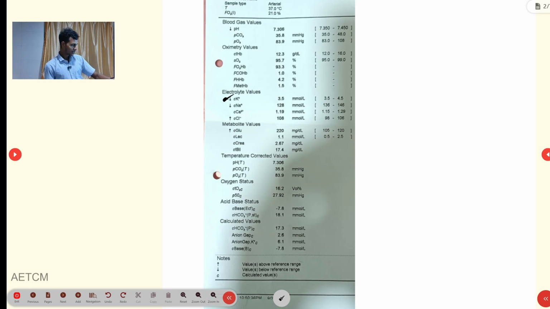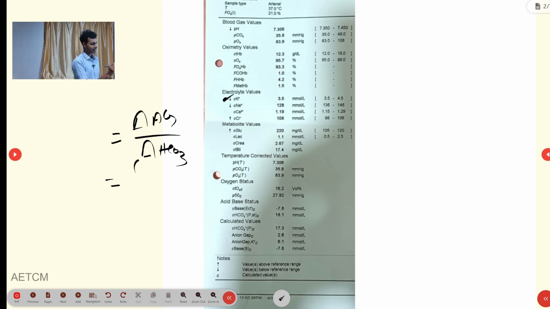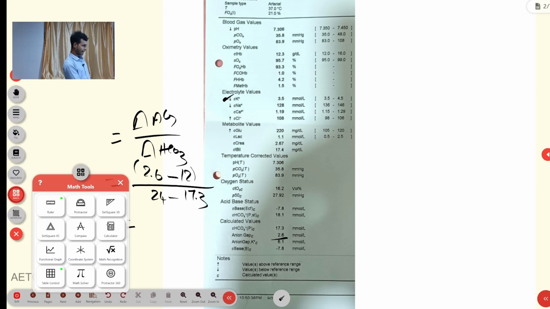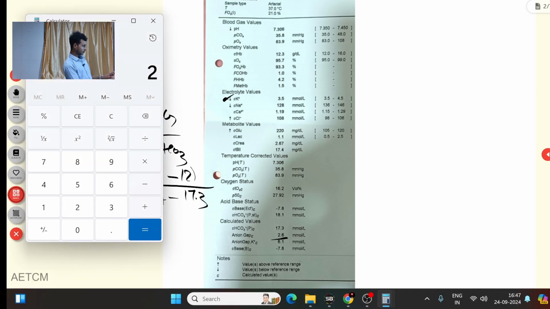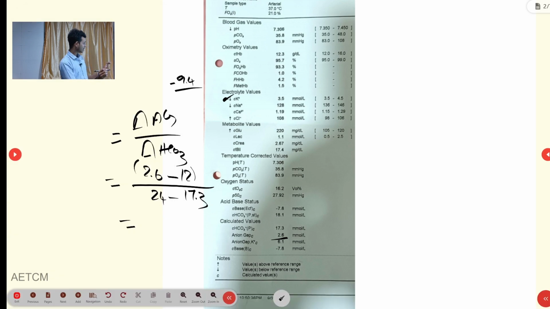Now we'll come to our ABG. How are we going to calculate? First, delta anion gap divided by delta HCO3. I told you the delta anion gap we calculate as measured minus 12. The measured anion gap here, without potassium, is 2.6. So 2.6 minus 12, divided by delta HCO3, which is 24 minus the HCO3 level of 17.3. Let's take the calculator. 2.6 minus 12 is minus 9.4.